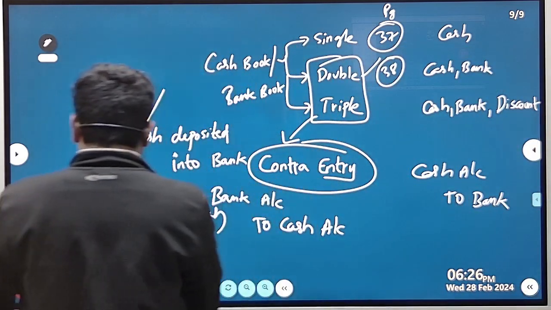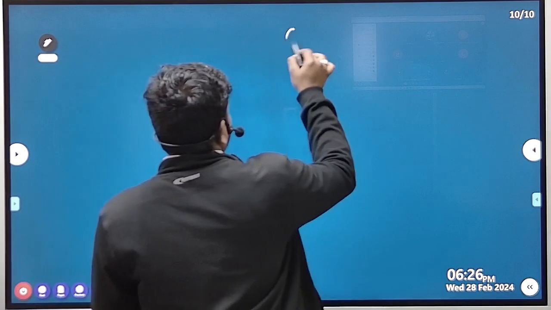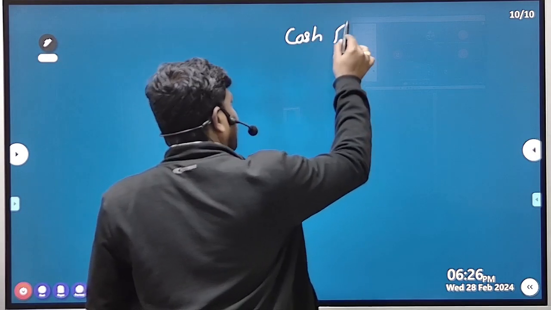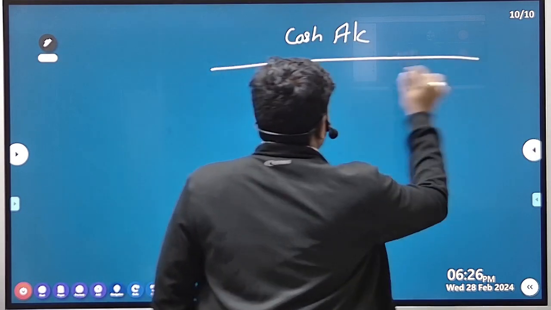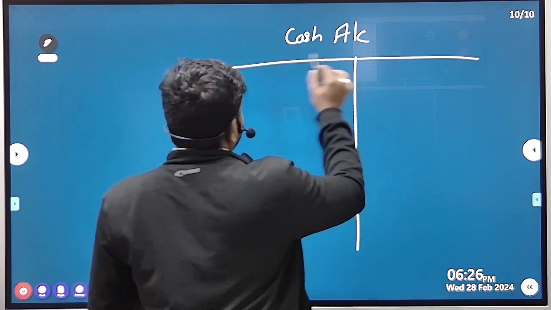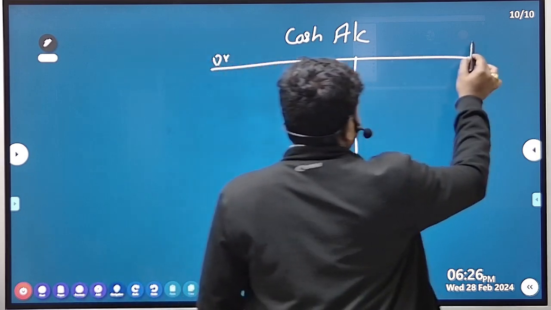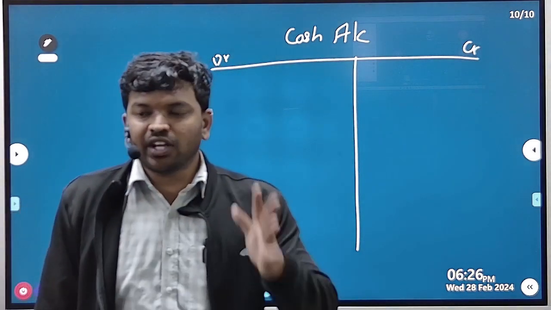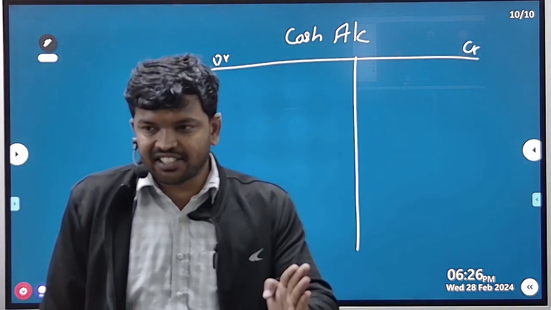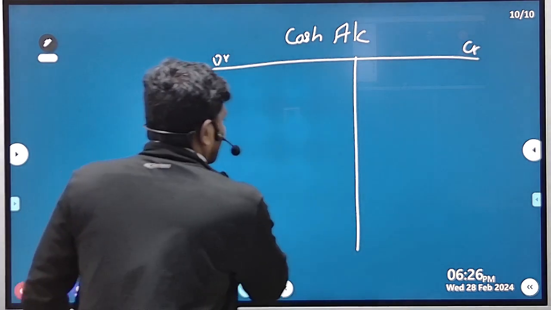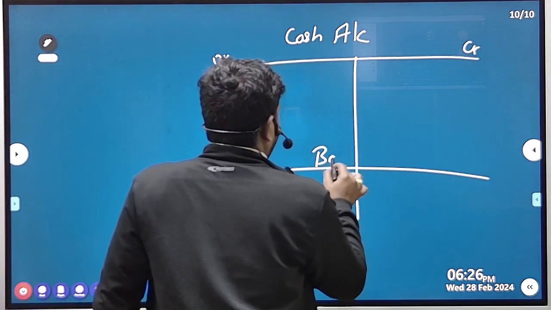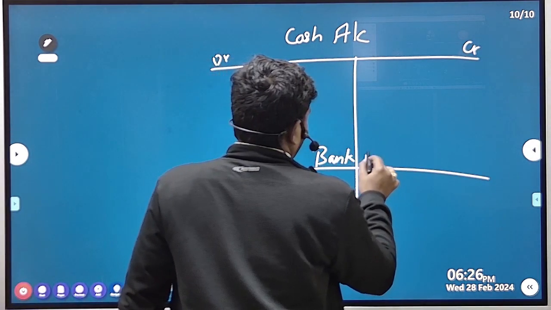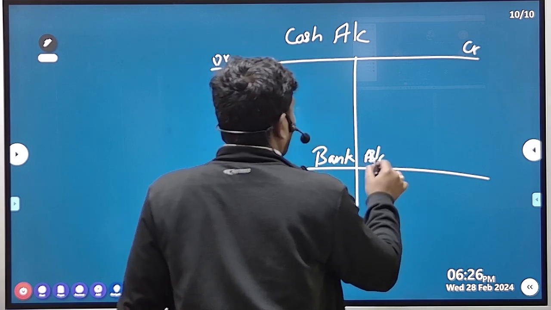In page number 37, this single column cash book format is almost similar to cash account. So in cash account, this is debit side, this is credit side. In single column cash book, you will record only cash transactions. For bank transactions, you will have a different account, bank account, or you would say bank book.